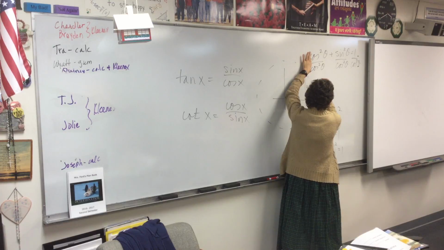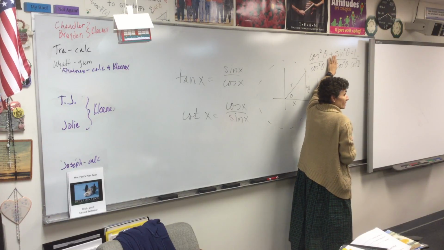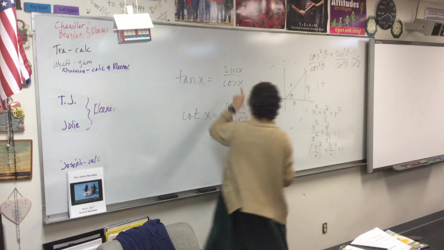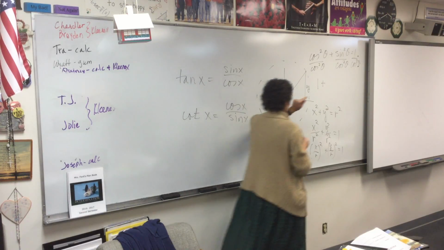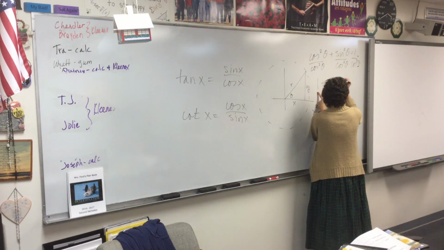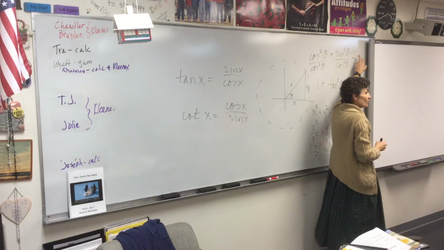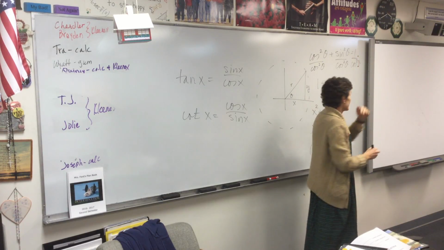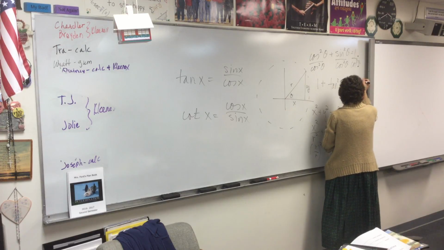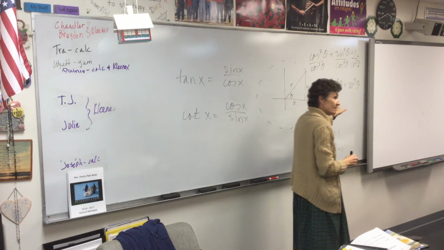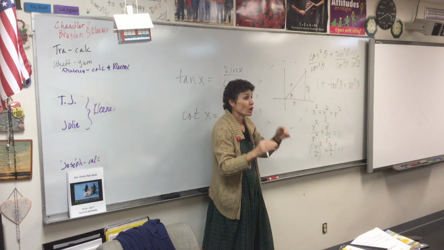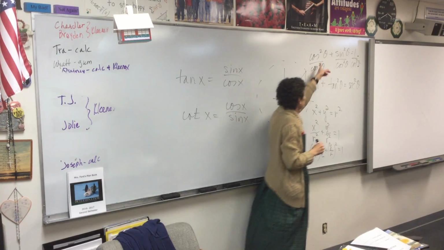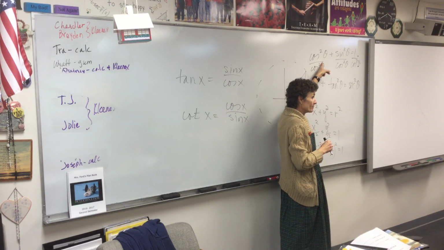So what do I have? 1 plus sine over cosine, which is tangent, squared. So 1 plus tangent squared equals, all right, what's 1 over cosine? What's the reciprocal of cosine? Secant squared. So that's one that's also listed, isn't it? But it is just a different version of the big one.